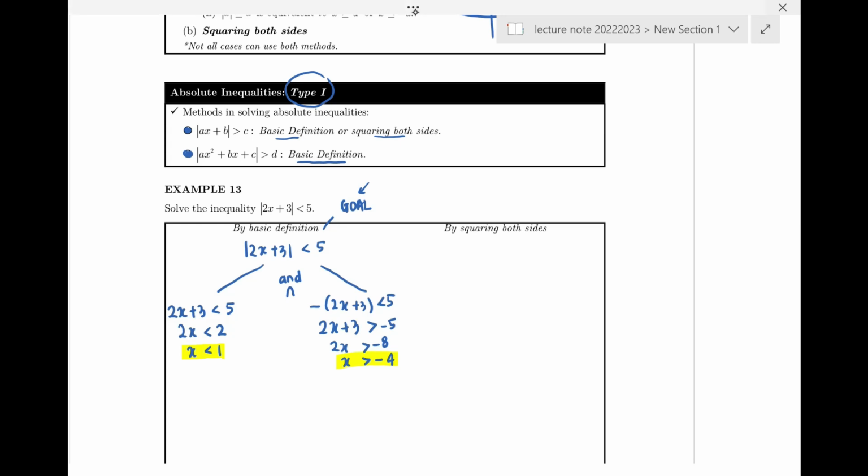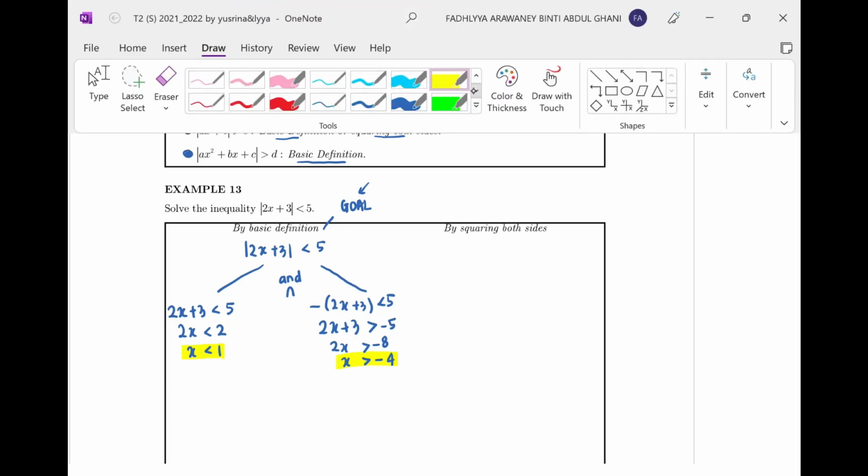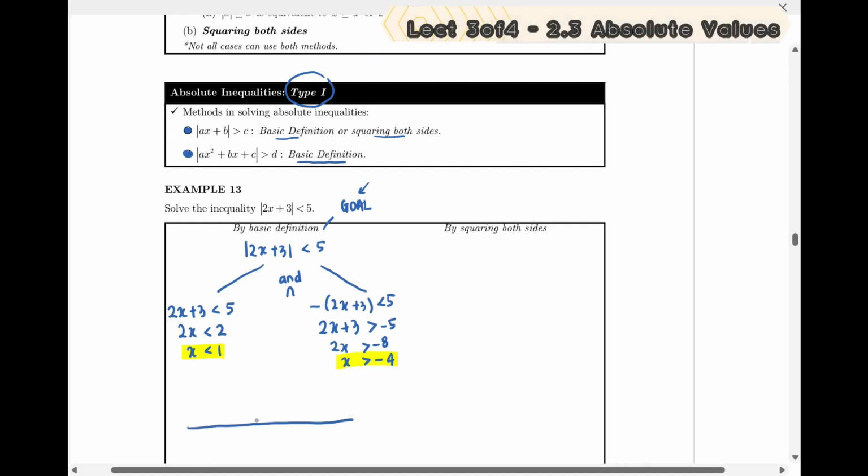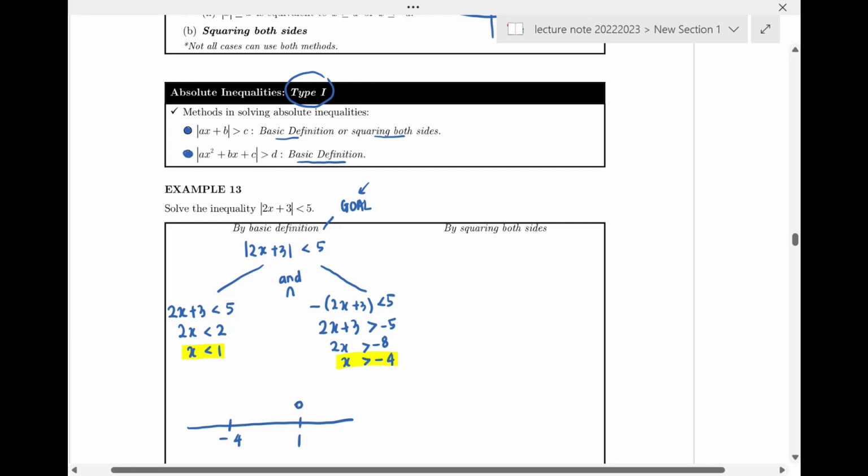Now I need to draw my number line in order to combine these two answers. Draw my number line, put the -4 and then 1. So for the first one, x less than 1, open circle. Then the other one, open circle, greater than -4.